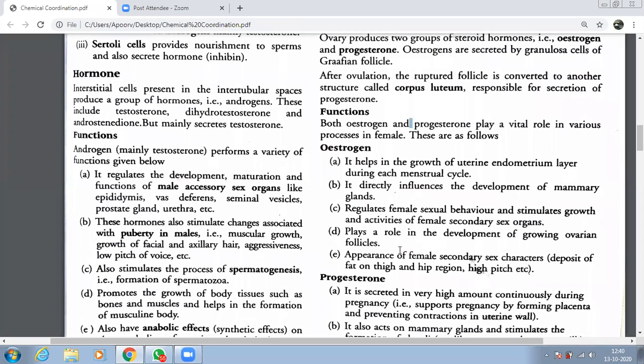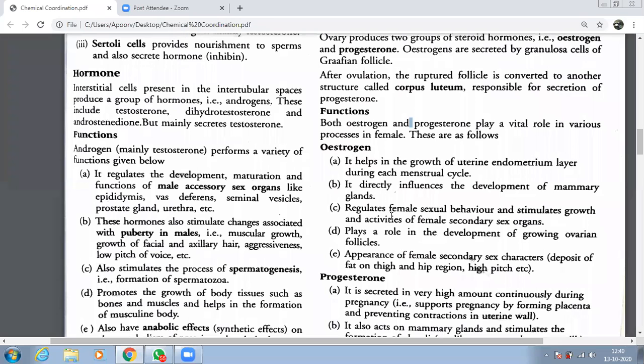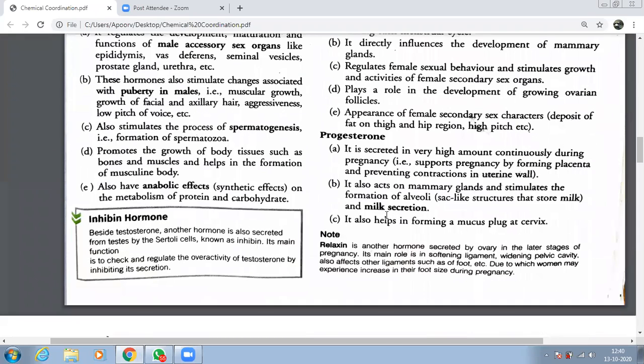So the fourth keyword would be masculine body. Let's move on to the next point, the last one.